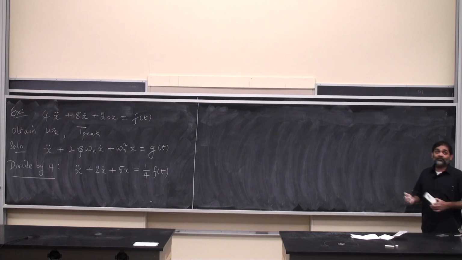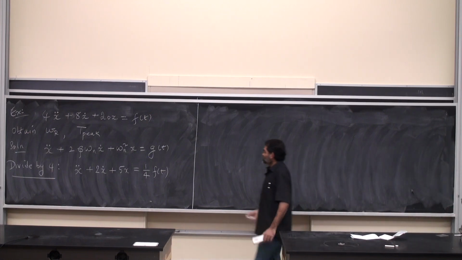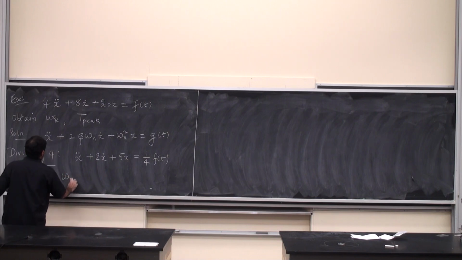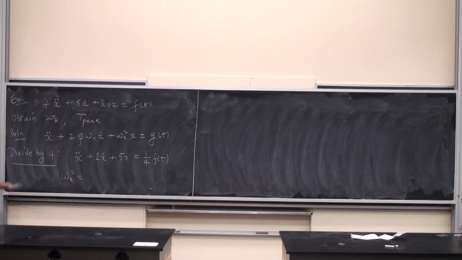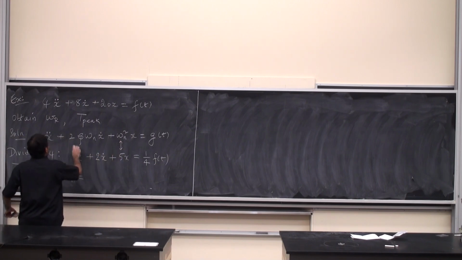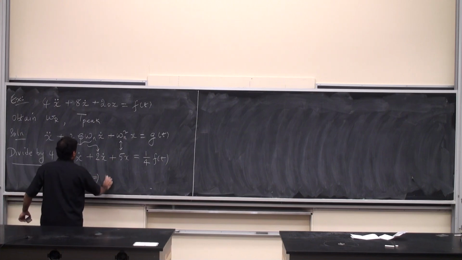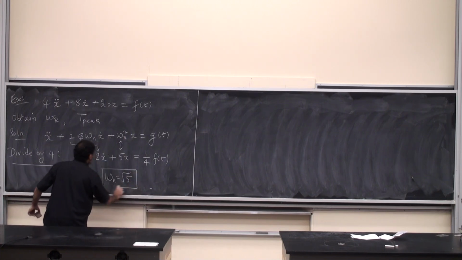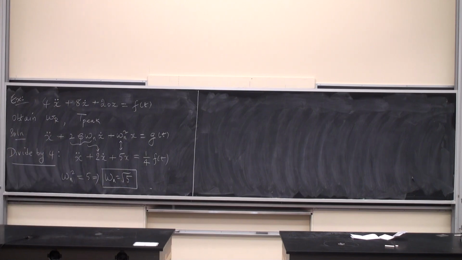Alright, so now I have the natural frequency and the damping ratio, if I can find it out. So omega n square, if I compare the two equations, is equal to 5. So omega n is root 5 radians per second.